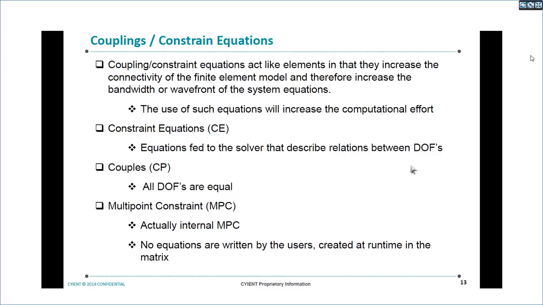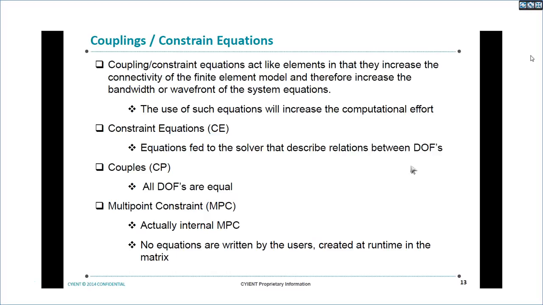In couplings, generally the degrees of freedom are equal. The deflection of node 1 should be equal to the deflection of node 2. That is defined in couplings. With multi-point constraints, there are no equations written by users.